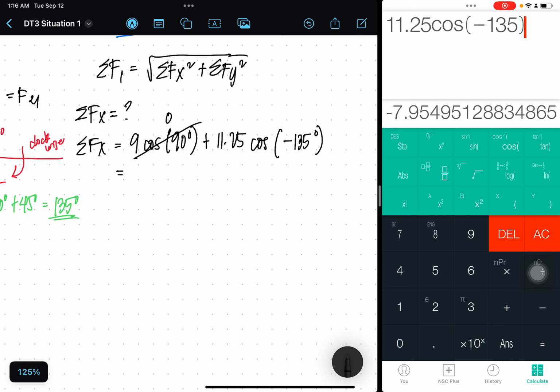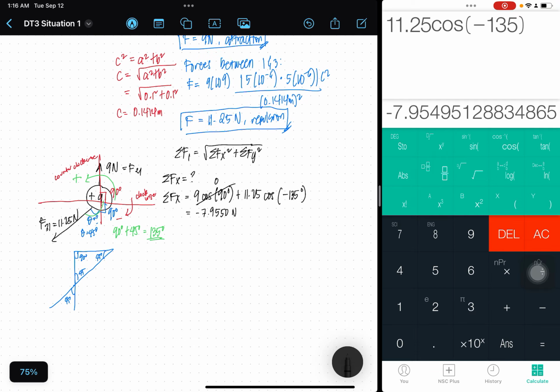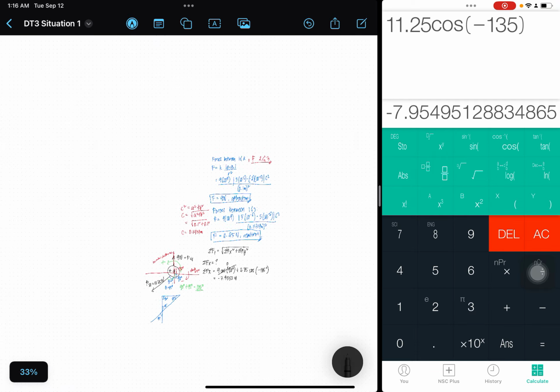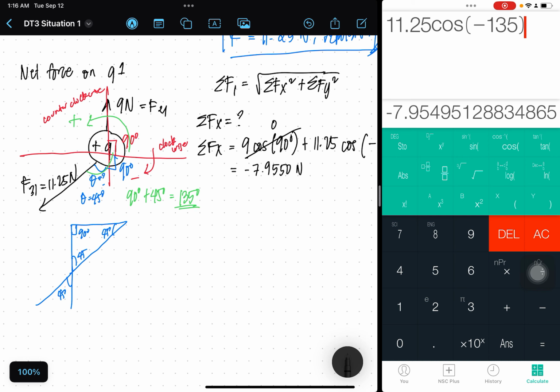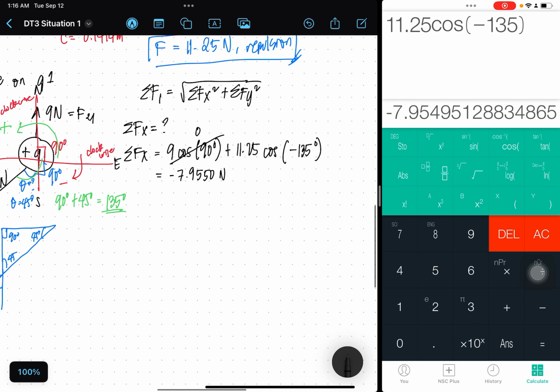So, we are able to get a value of negative 7.9550 Newton. And kung makikita nyo po, ang direction niya sa X ay papunta saan? Papunta sa west, no? West po kasi ito. North, south, east, west. Kaya negative.